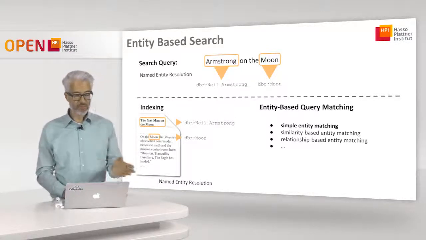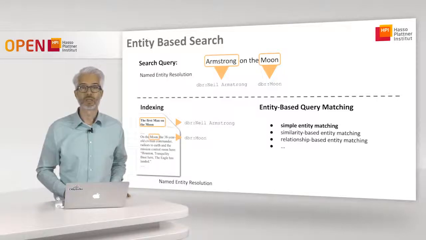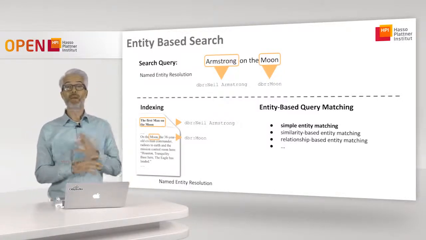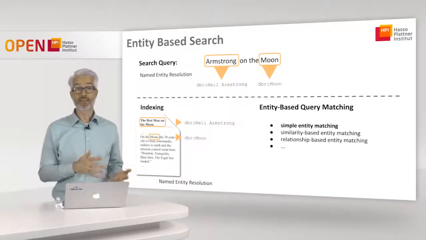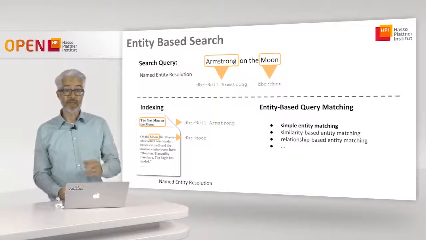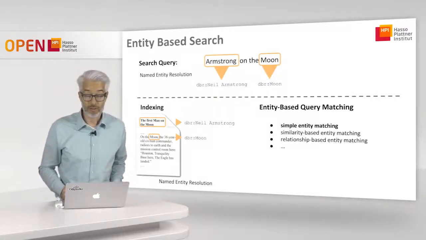And we also have the moon, which is mapped to the moon as a celestial body. If you then do a simple entity matching, which means you consider only identical entities in your query and in your index term, you might directly find that document.